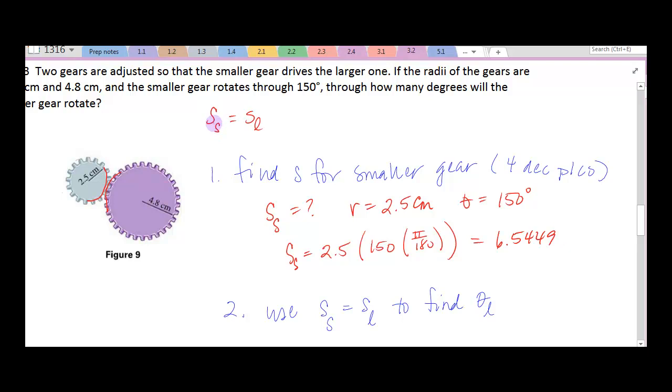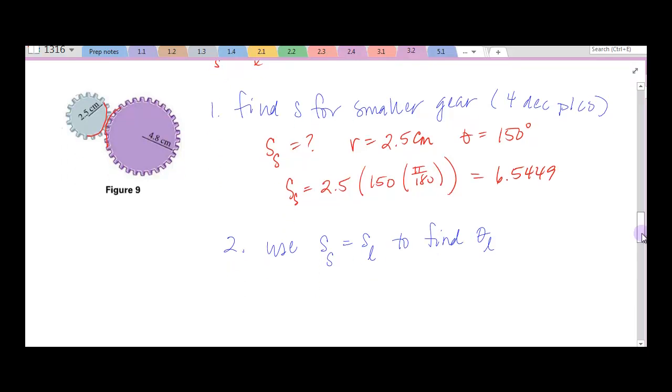So I know what the arc length is of the smaller gear, and I'm suggesting that that's the same length as the larger gear. So I'm going to use that to find out what theta is for the larger gear. The arc length of the larger gear would equal the radius times theta of the larger gear.